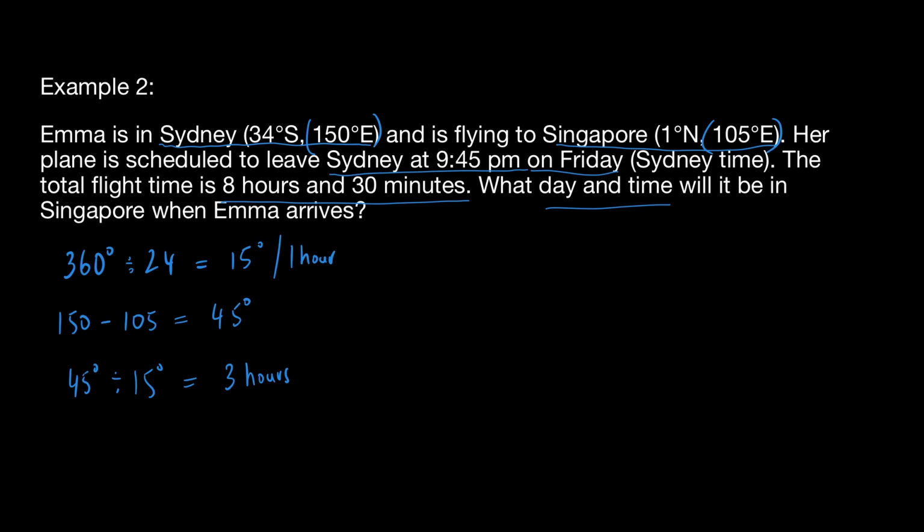And we need to have a look here. Sydney is further to the east than Singapore. So Sydney at 9:45 means that Singapore is behind Sydney in time. So Singapore at that particular point, 3 hours behind 9:45, is going to be 6:45 p.m. on a Friday. So now we're getting somewhere with this problem. We know that the flight time is 8 hours and 30 minutes.